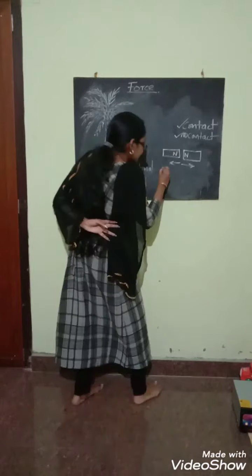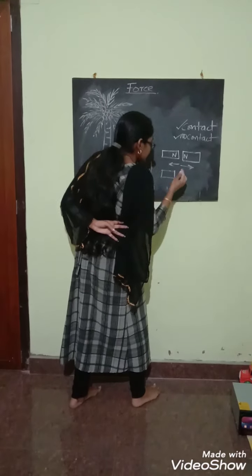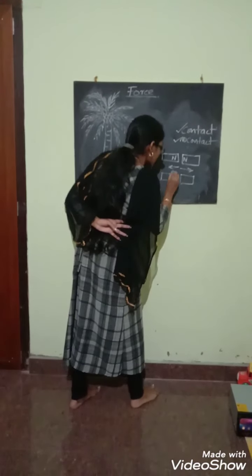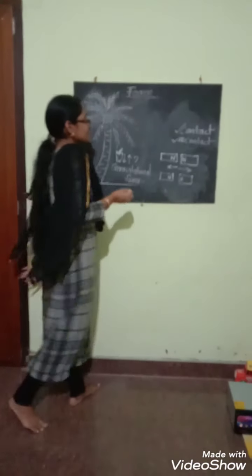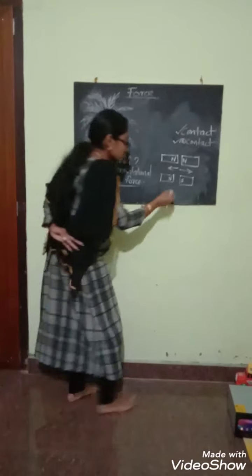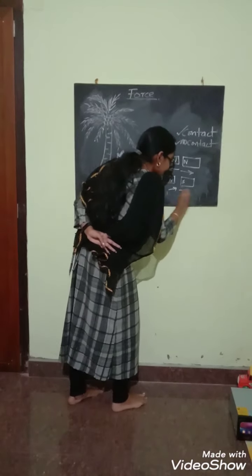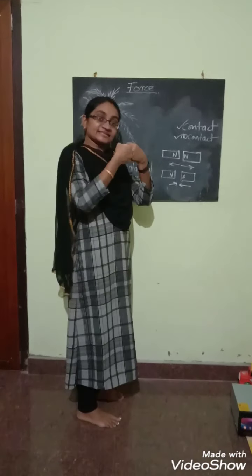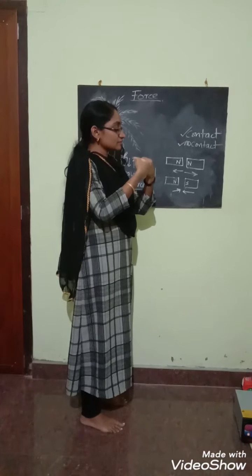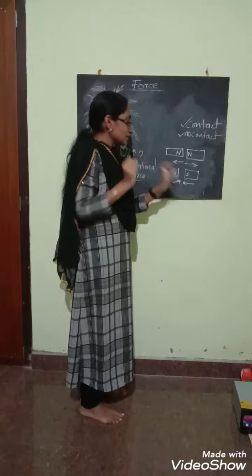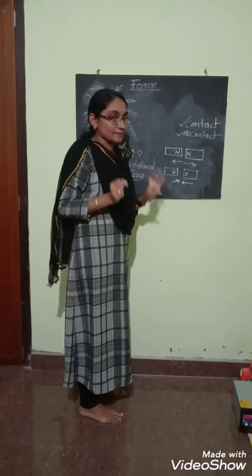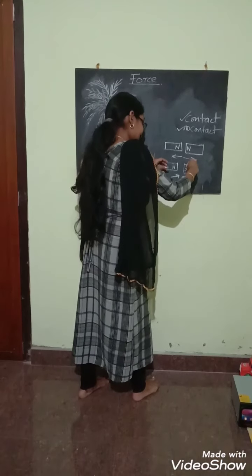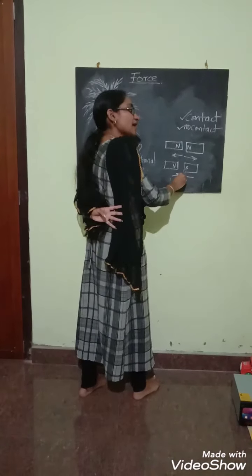And if I take another two magnets, this is north pole and this is south pole, then what happens? This will get attracted. When these two get close, touch will happen. But even if they are put at a certain distance, still they have attraction.